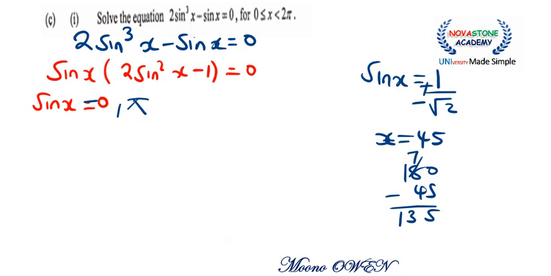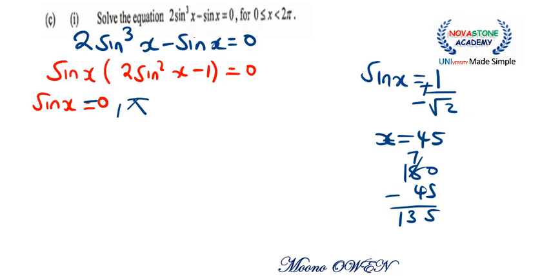Now that we found our answers, we just need to convert them to the actual forms. So we've got 0 and 180.